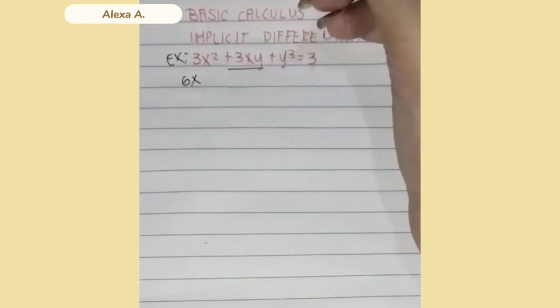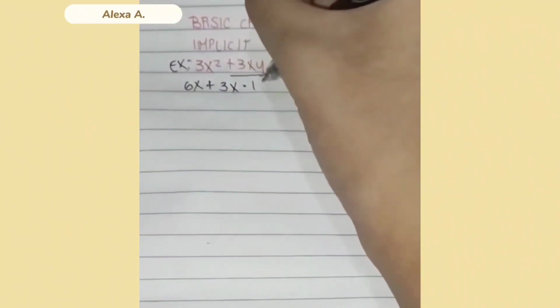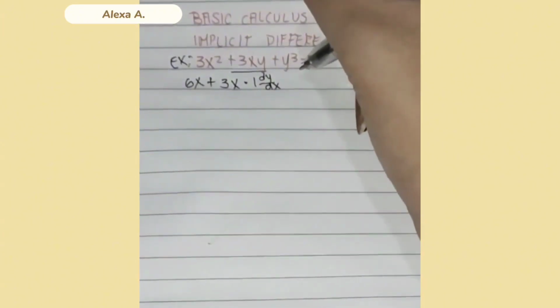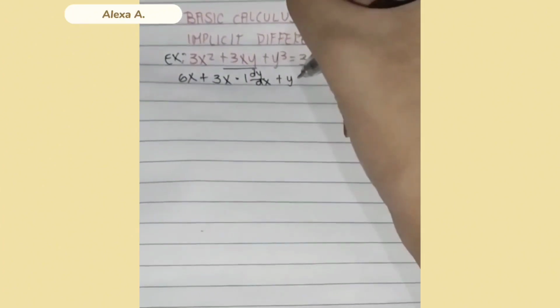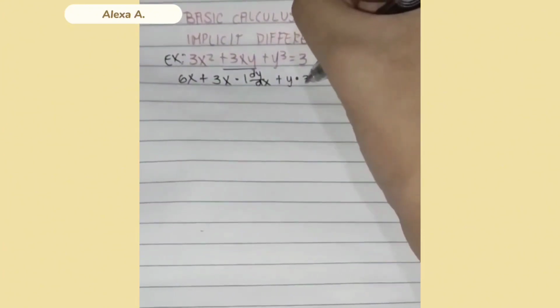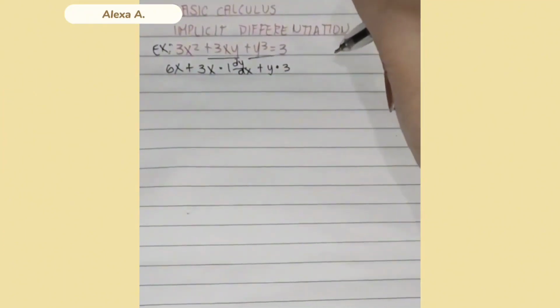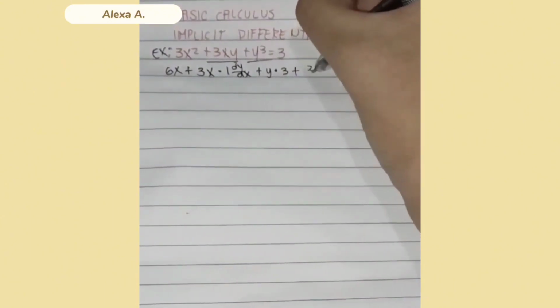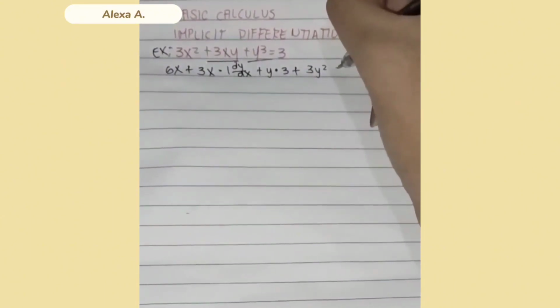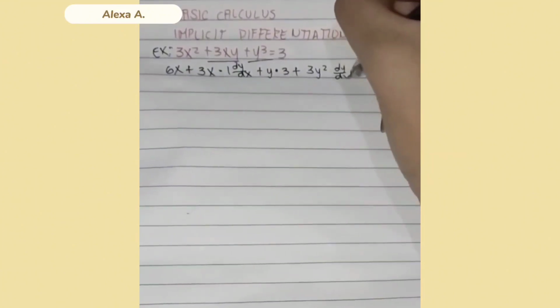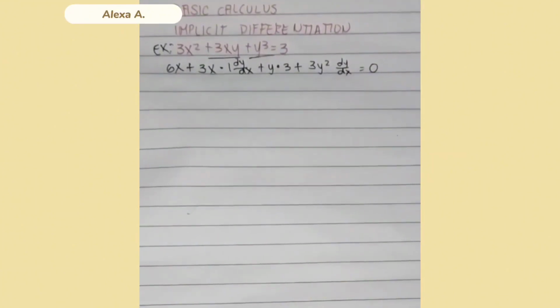And the derivative of 3xy is 3x multiplied by 1 dy over dx plus y multiplied by 3, and the derivative of y cubed is 3y squared dy over dx equal to 0.